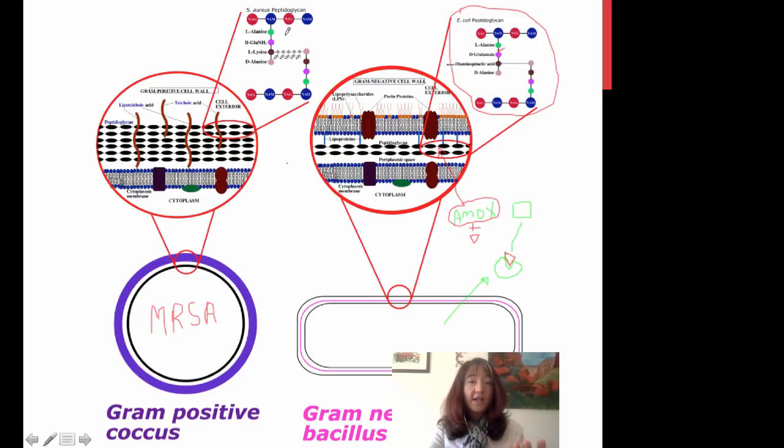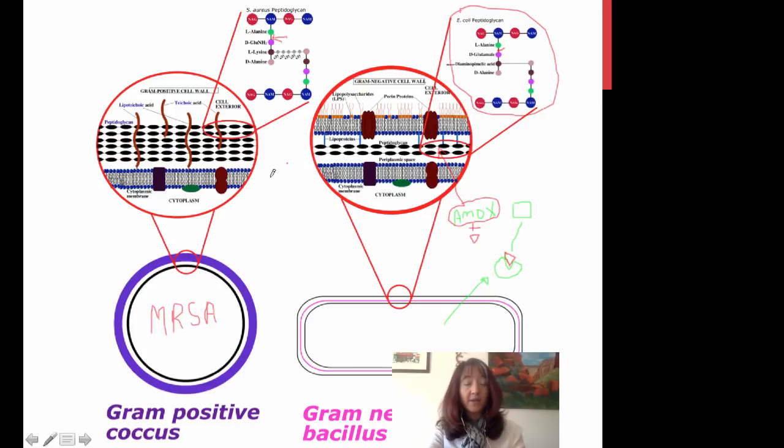So if you tried to prescribe penicillin, we know that penicillin would inhibit the enzyme that builds the tetrapeptide chain. But in MRSA, it's secreting enzymes to inactivate the antibiotics, to cleave that four-membered ring, to stop it from being able to inhibit the cross-linking of the peptidoglycan.